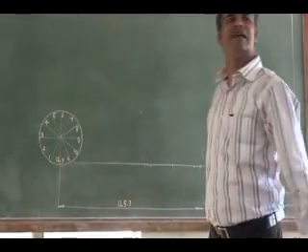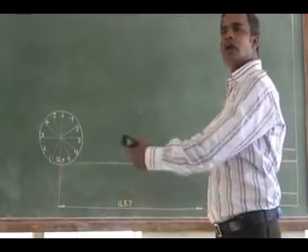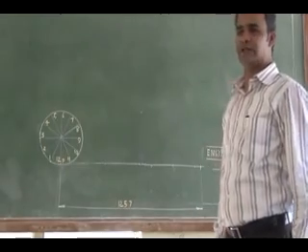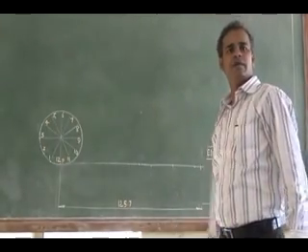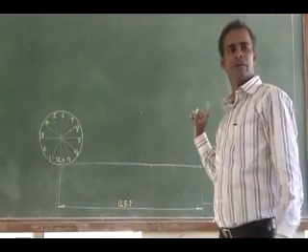The circumference length you have to divide into 12 equal segments. So 125.7 has to be divided by 12, and you will get the 12 equal segments.